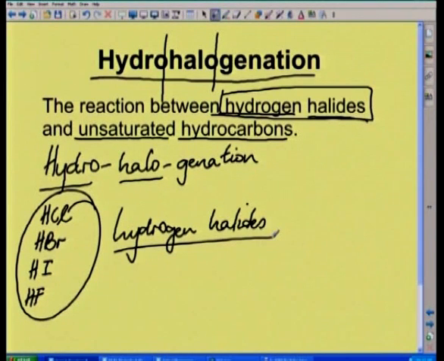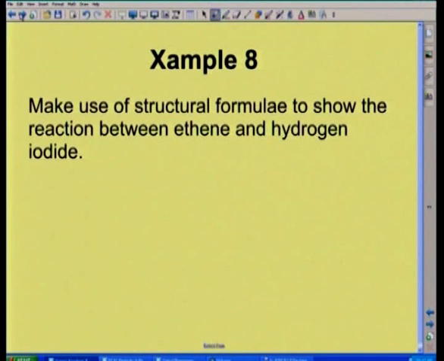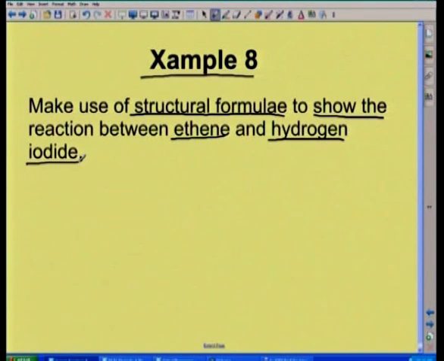Right, now let's quickly have a look at an example to see how hydrohalogenation takes place. Make use of structural formulae to show the reaction between ethene and hydrogen iodide.